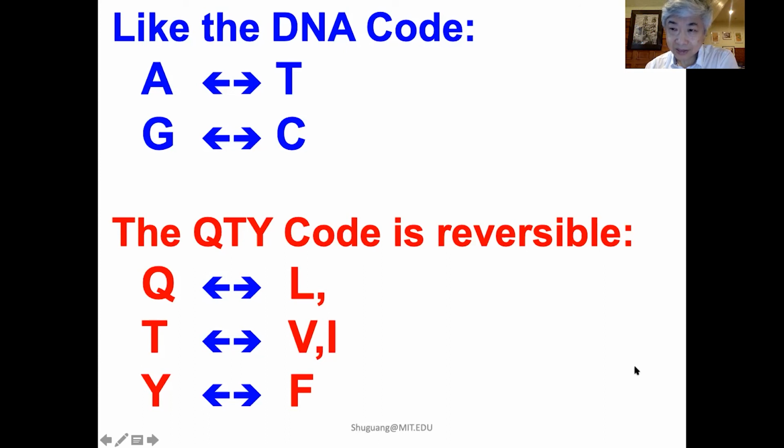Da Vinci said simplicity is the ultimate sophistication, as we know in the case of DNA, and in the case of the QTY code for protein.